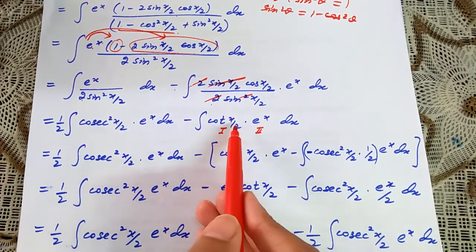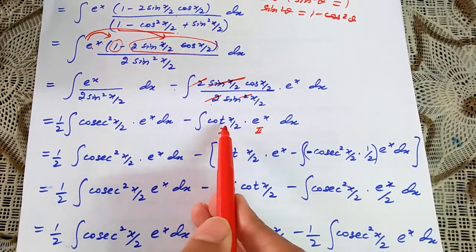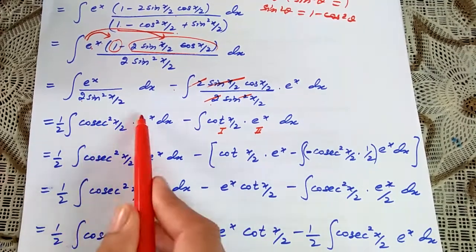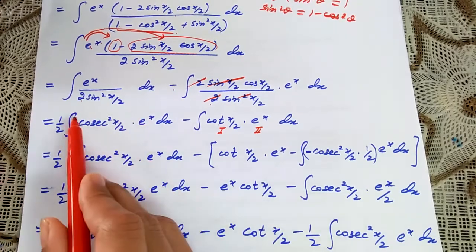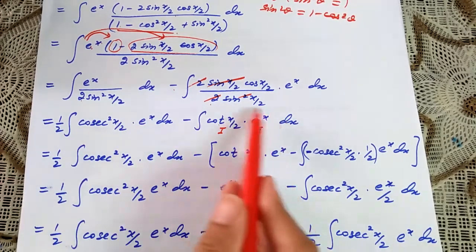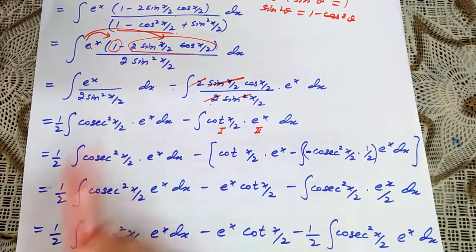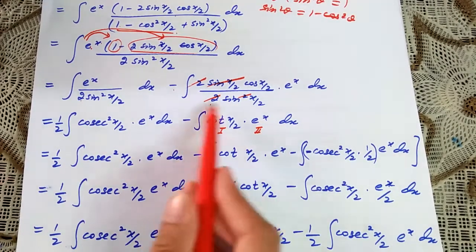Now we know that the cot function has the derivative cosecant square. So we will not disturb this integral; just integrate this integral by parts and we'll get the same integral like this, and we'll cancel this. So just integrate this part.